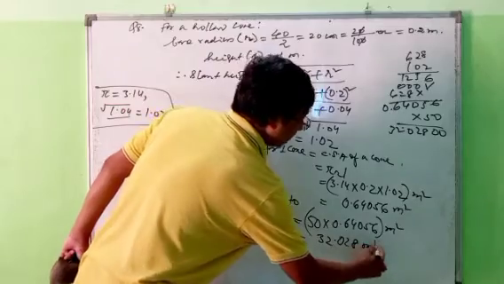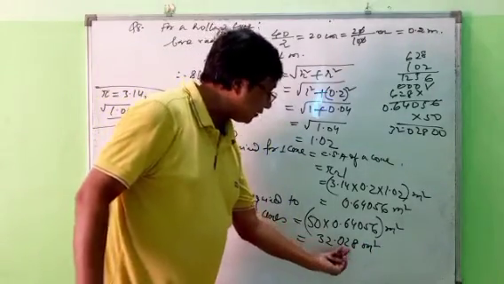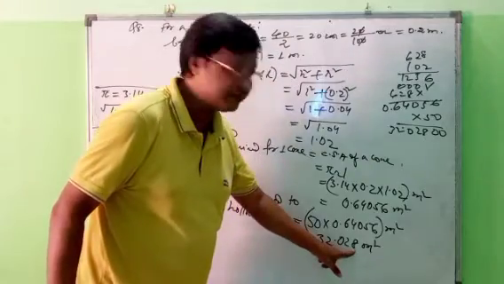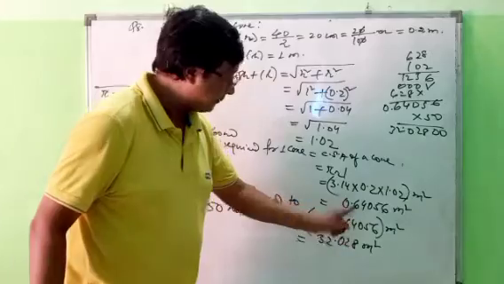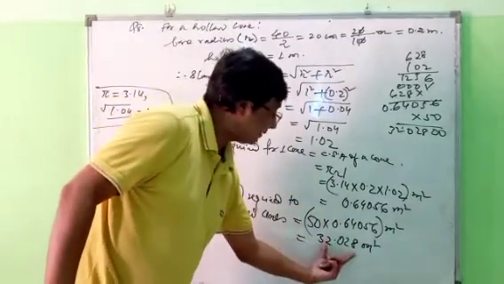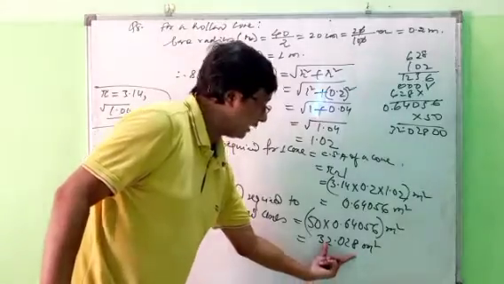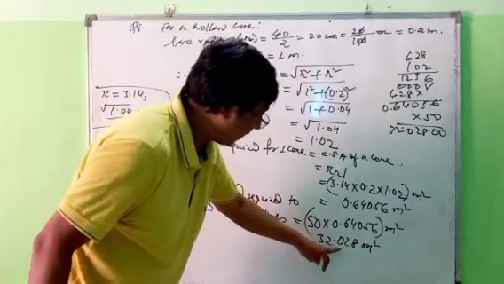32.028 meters square. To take 2 digits after the point, you can just see there is an 8, which is more than 5. You can take approximately 32.03, or else you can simply keep it this much. So let me take only 2 digits after the point.